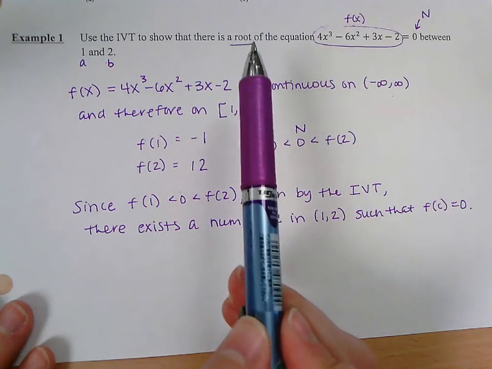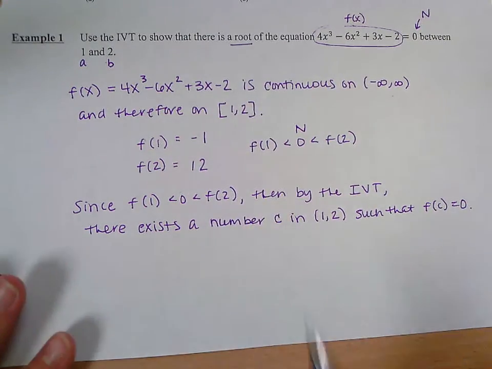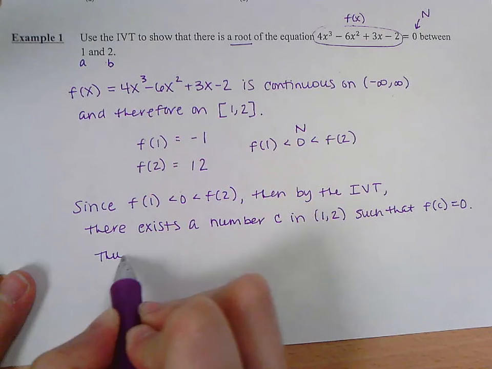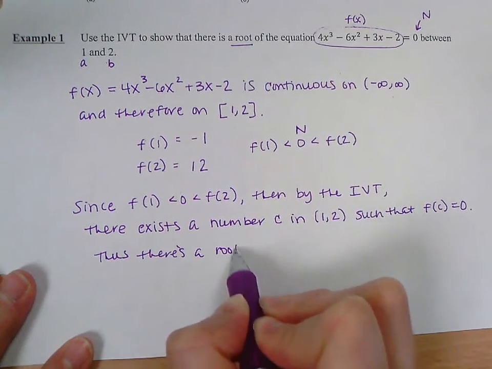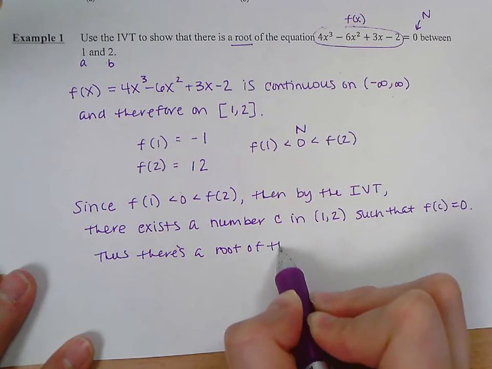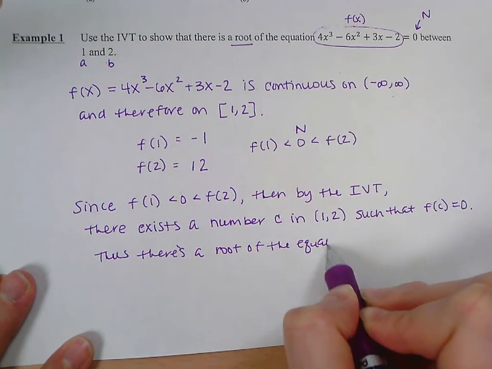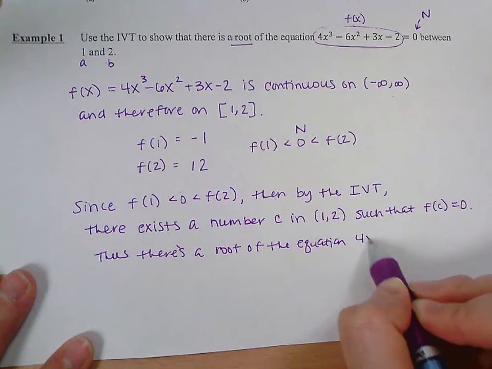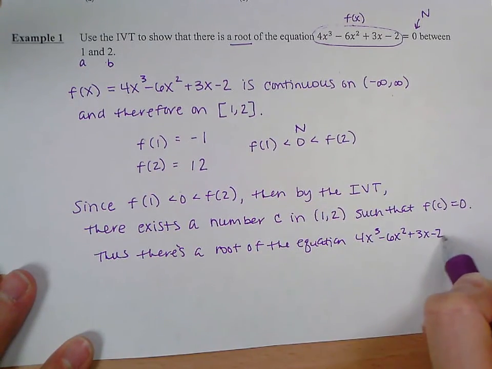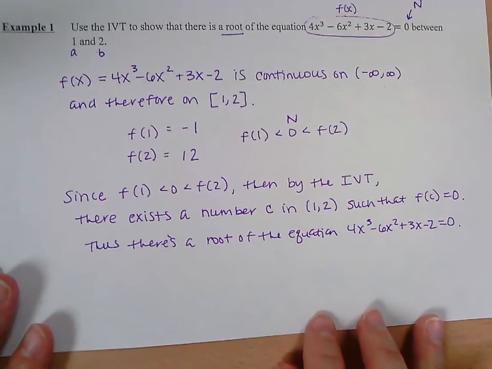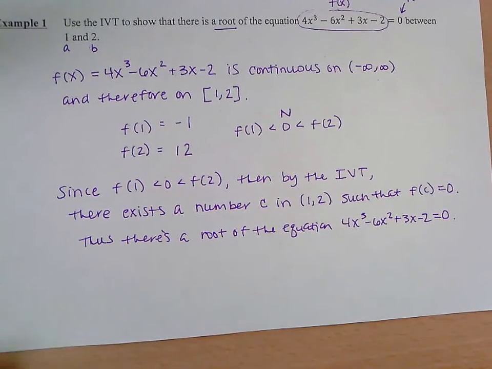But because this said to show there's a root, I'm just going to end with, thus there's a root of the equation 4x cubed minus 6x squared plus 3x minus 2 equals 0. Okay, I'm not saying what c is. That's not what this question wants you to find. It just wants you to show that it exists.